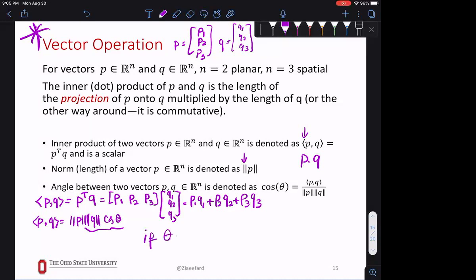Zero. If theta is 90 degrees, meaning P and Q are orthogonal, their inner product is 0. There's no projection.